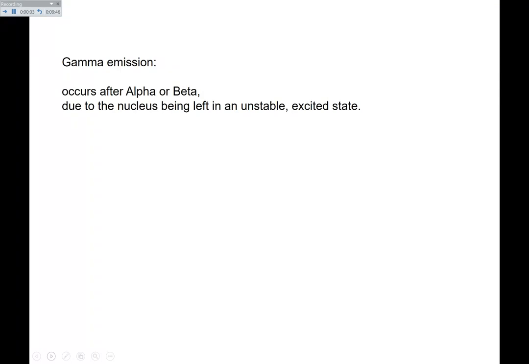Well, I've said this about gamma emission. Typically gamma emission is about a megaelectron volt, and whilst beta particles may travel at close to the speed of light, gamma radiation, of course, travels at the speed of light. Gamma radiation travels an awful long way in air. It's rarely absorbed passing through us, which is just as well, because otherwise we would suffer.